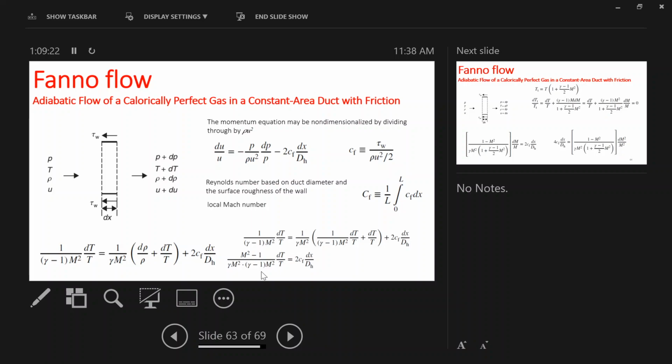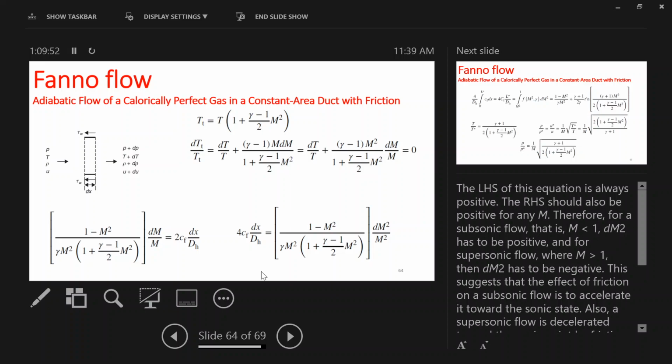The problem is going to be taking the integral here, dT over T. If it was only dT over T, then it would have been a simple integral, right? What would be the solution to that? Natural log, right? But the thing is, your M is also changing, right? So it is not a very simple integral, but it is doable.